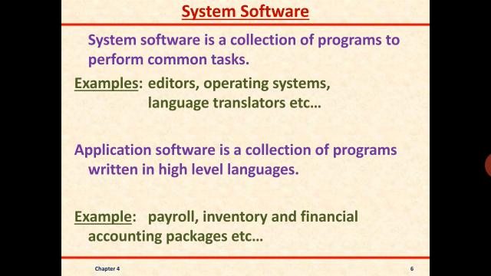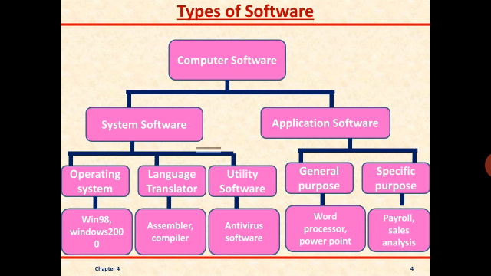Basically you have to understand the types of software, system and application software. Then in detail we can understand afterwards what is an operating system, types of operating system, what translators are, and utility software. All these things we can analyze in detail in the next class.